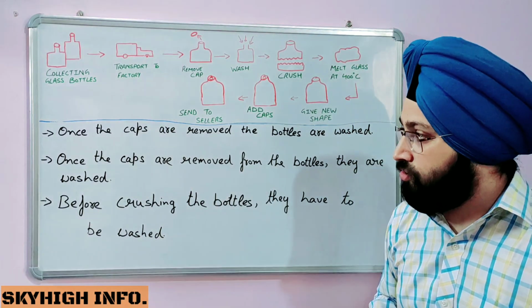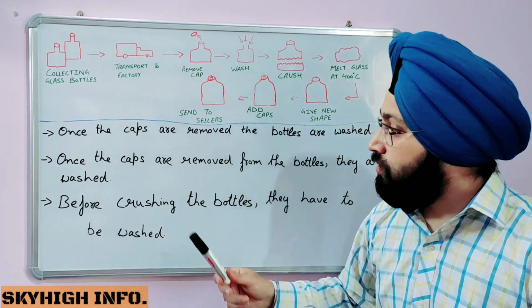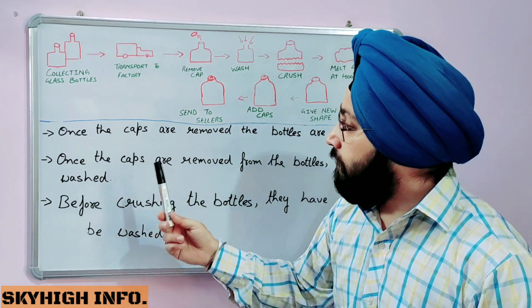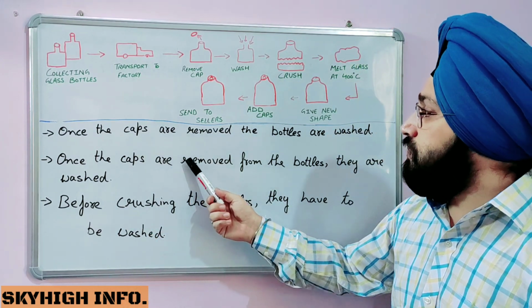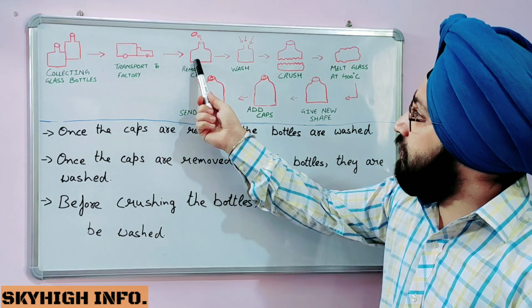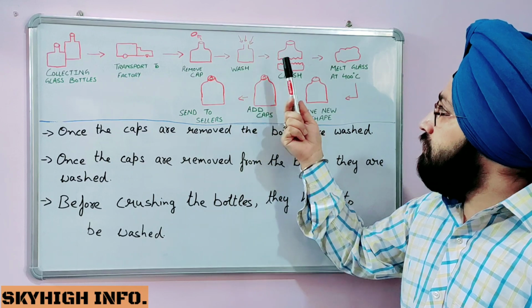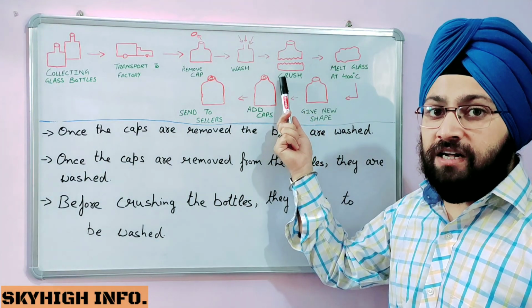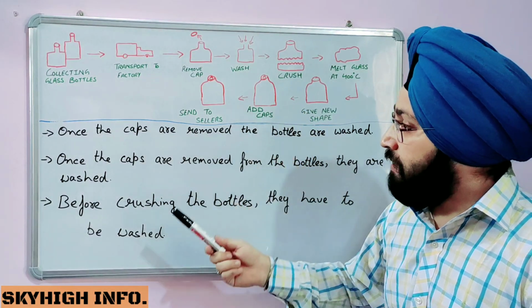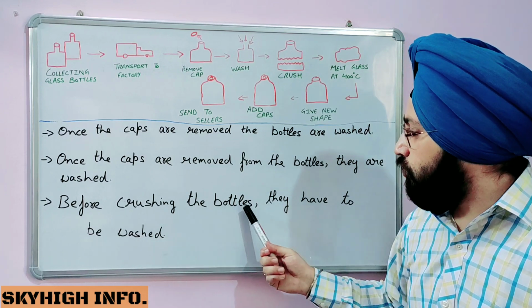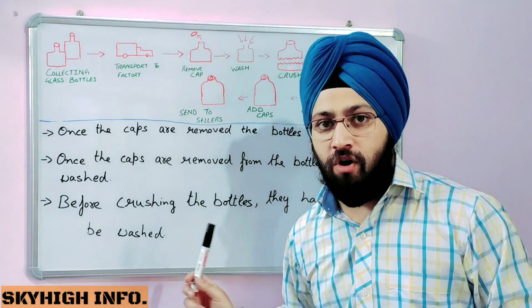Or before crushing. Now in the above two steps I was joining the removal of cap. In the last step I am joining the further step, that is crush. So I am writing, before crushing, the bottles have to be washed.